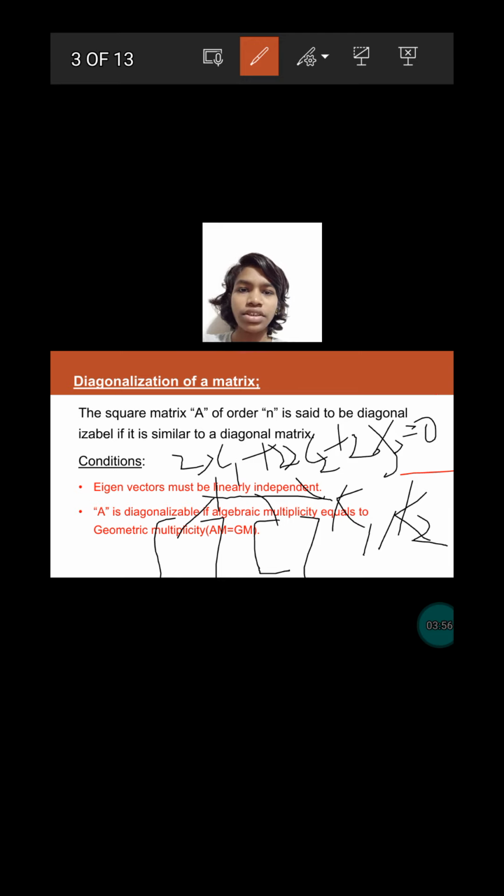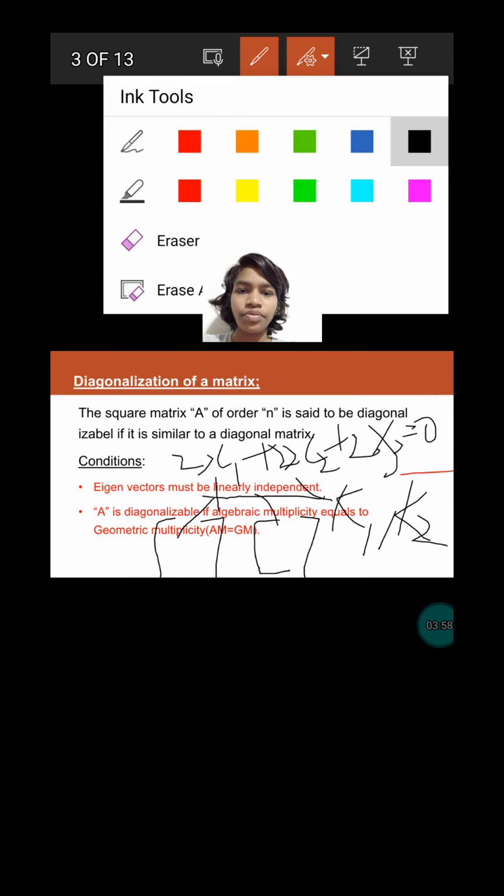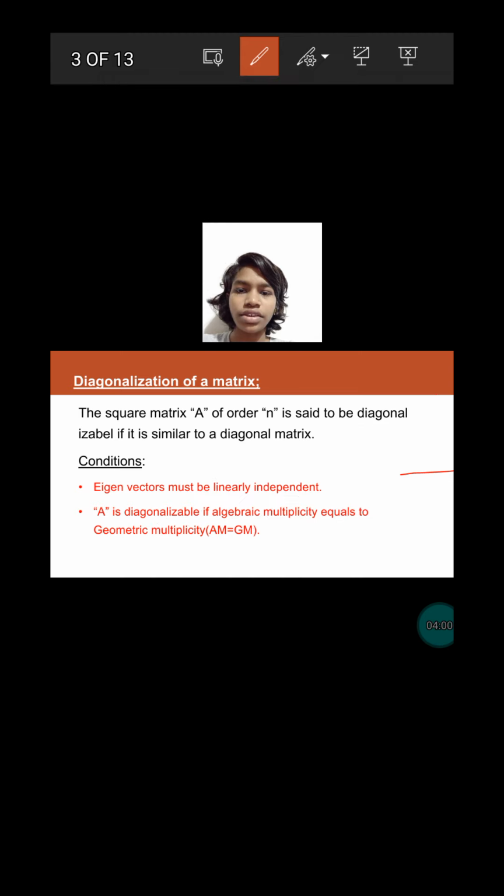But in some cases, let us have an example. Same matrix 2 2 2, but here with 0 1 1 1.